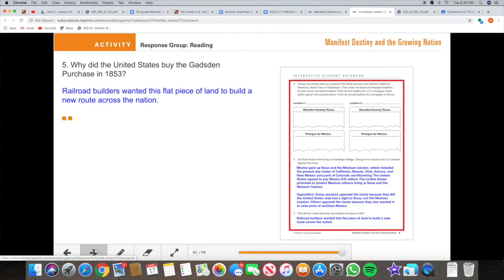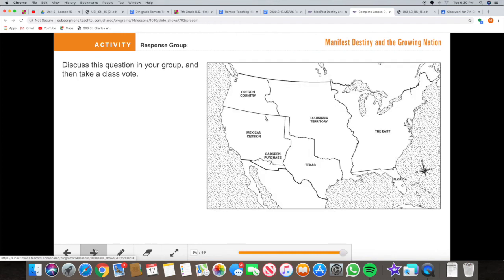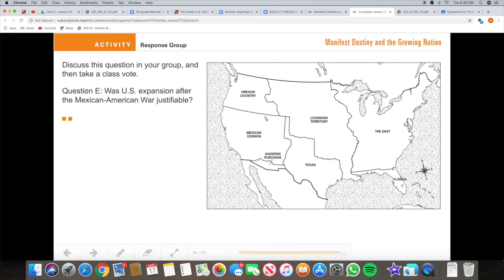Okay, so if you checked your answers, go ahead, take pictures, and turn it in on Google Classroom as well as your notebook. Then lastly, you have an option to do two things. Okay, so first off, in your notebook, we're gonna copy this question: was U.S. expansion after the Mexican-American War justifiable?